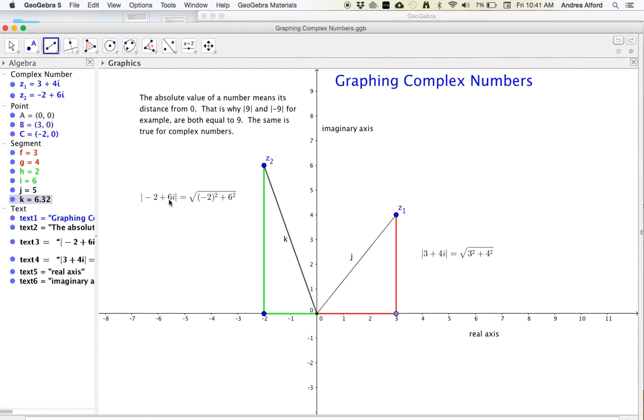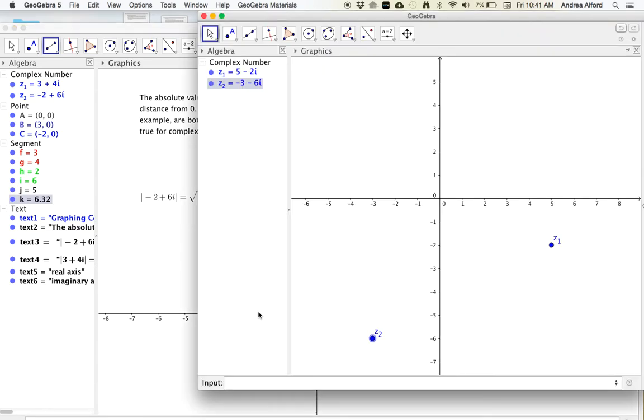So the absolute value of negative 2 plus 6i is the square root of negative 2 squared plus 6 squared. And if we come over here, we can do the little math for us. So if I do the absolute value of negative 2 plus 6i, it's 6.32. Okay, and that makes sense. It's the square root of 40. So we know it should be between 6 and 7, so we believe that number.